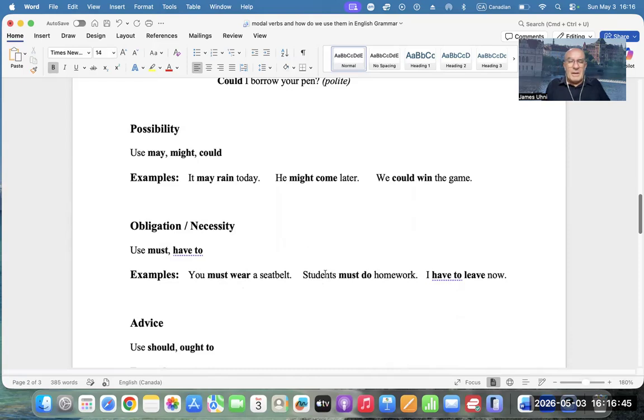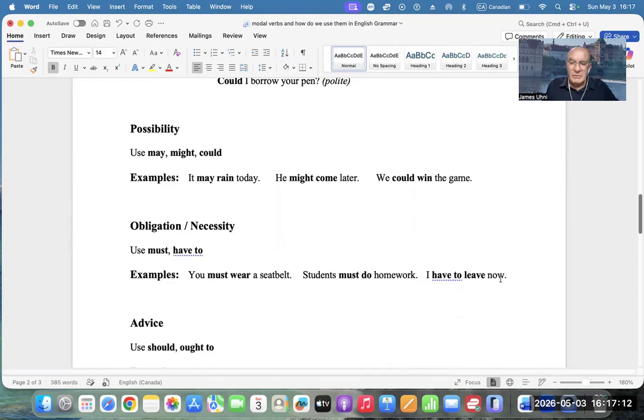Students may do homework if they have time. Students might do the homework if they know the answers, or if they understand the subject. So as you can see, you can use any modal verbs the way you feel.